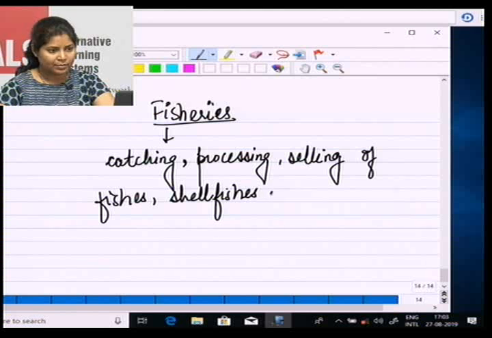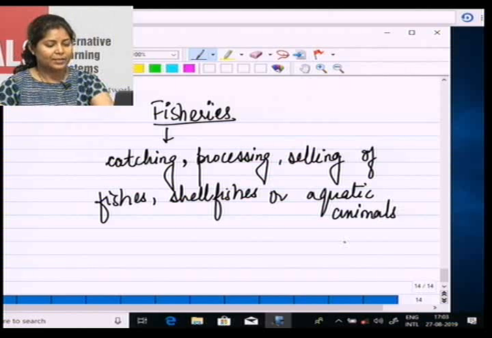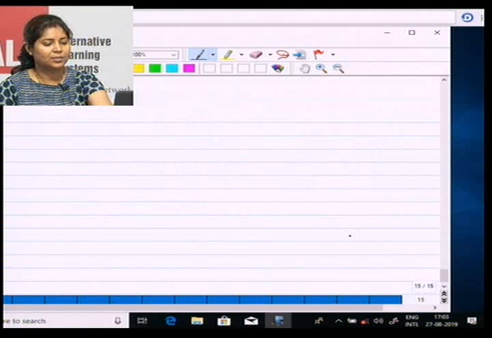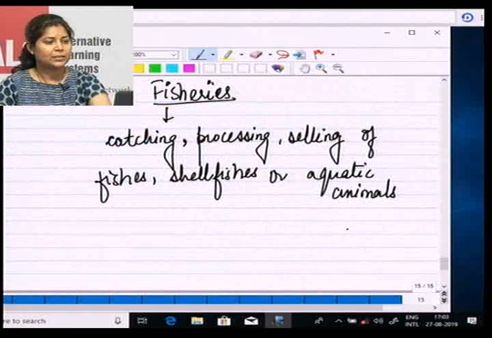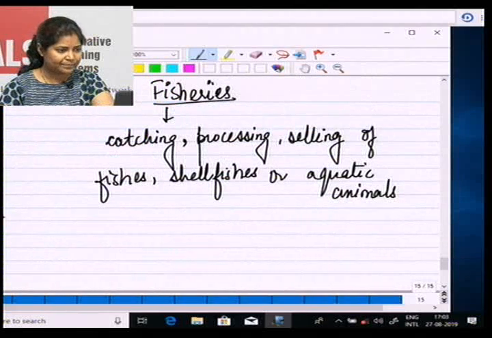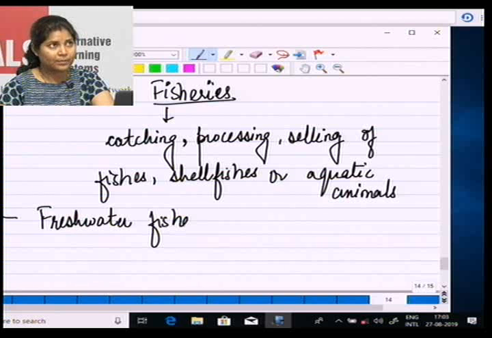shellfishes, or aquatic animals. Aquatic animals can be anything. It can be a lobster, an oyster, an octopus, a crab. We have many freshwater fishes. What are the freshwater fishes we have?